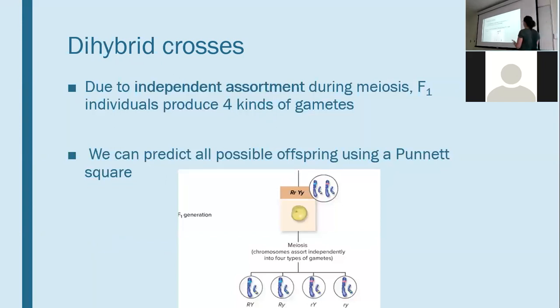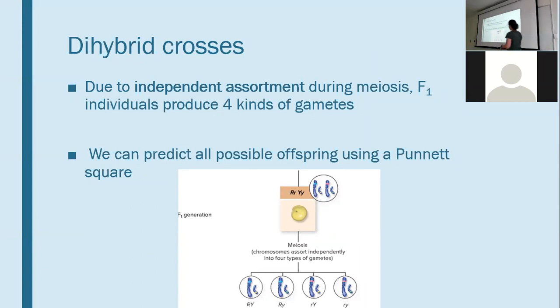Because of independent assortment during meiosis, the behavior of these different chromosomes, my R chromosomes don't affect the behavior of my Y chromosomes. Each of them is doing its own thing. So because of independent assortment, my F1 individuals are going to produce 4 kinds of gametes, depending on which ones they pass on.